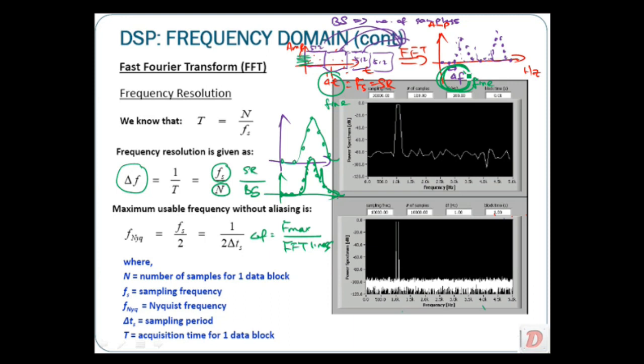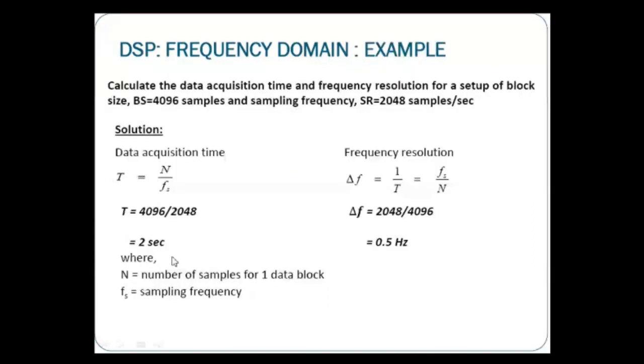Regarding Nyquist, F max is Fs divided by 2.56, and F Nyquist is Fs divided by 2. You can see these examples.